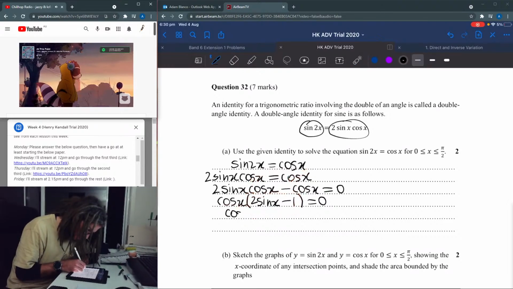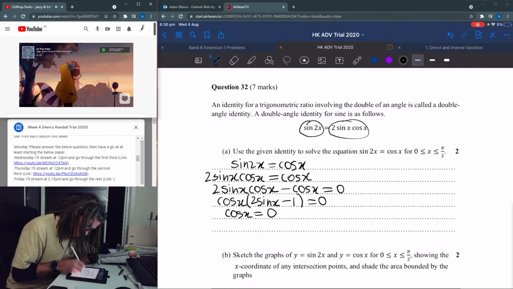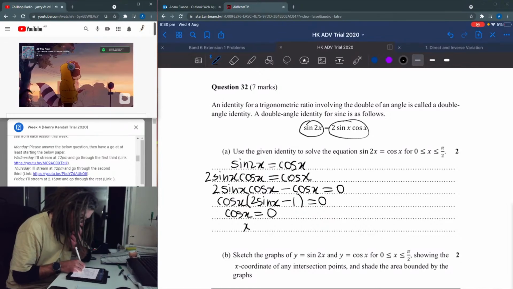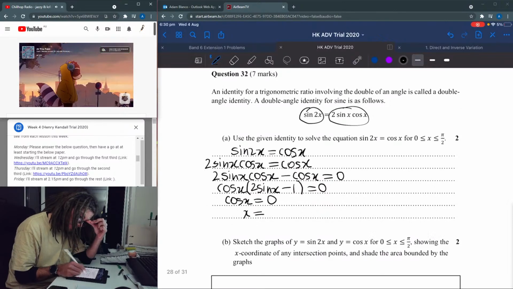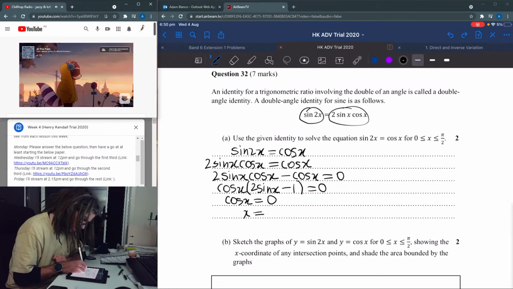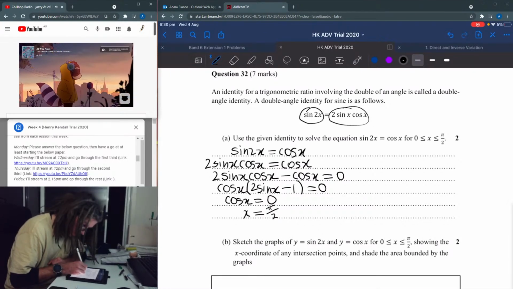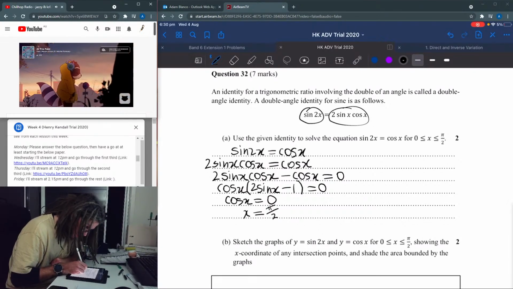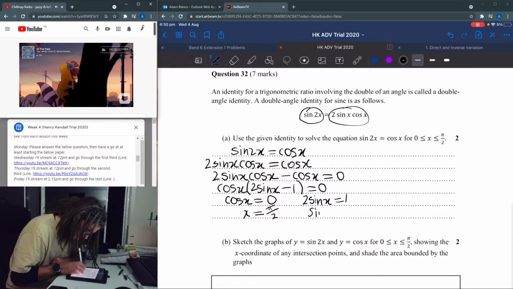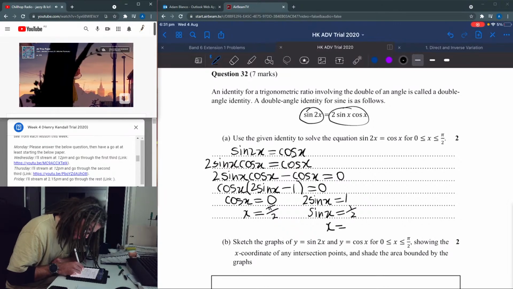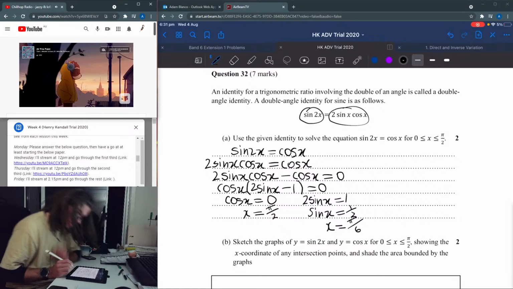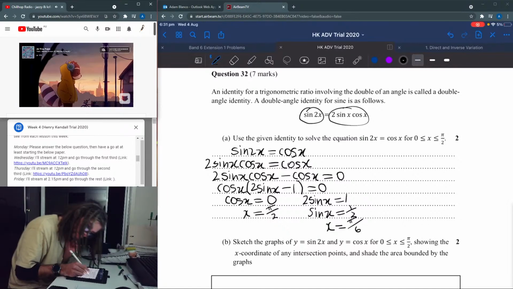So either cos x is 0, so x is equal to, cos is 0 at 90 degrees, and it's between 0 and pi on 2, so it's at 90 degrees, good. And then 2 sine x minus 1 equals 0, so sine x equals 1 on 2. It means x is equal to 30 degrees, which is pi on 6. And that's the only solution in there.